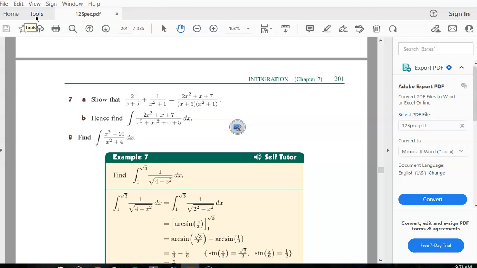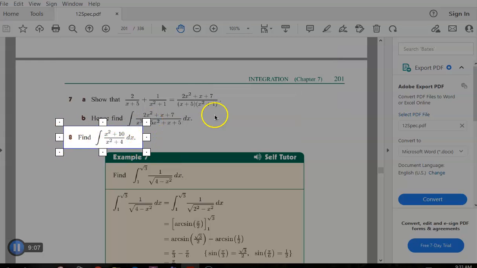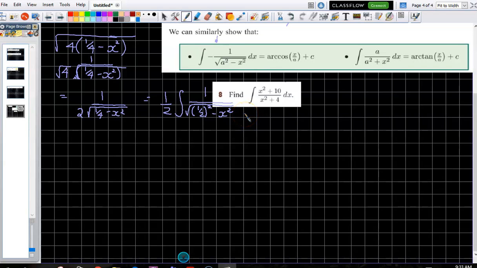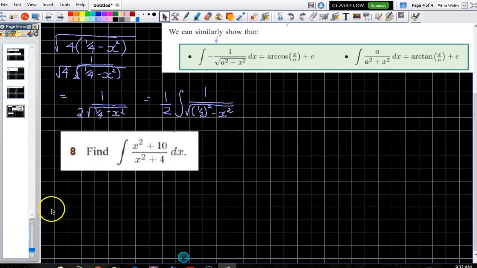Can I give you one hint? They were talking you through and doing all of these sorts of things with question 7, saying show that equals, but then they get to question 8. Now I know some of you are thinking, because we did it last lesson, polynomial division, but try not to. You can possibly do it a little bit quicker.